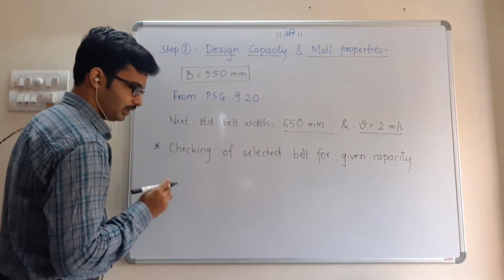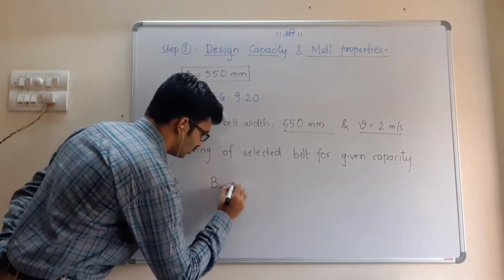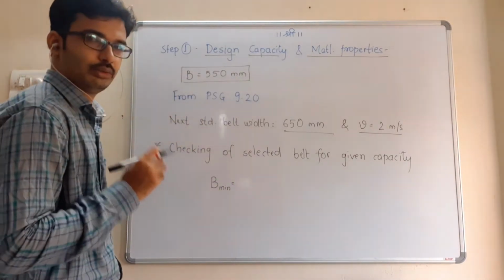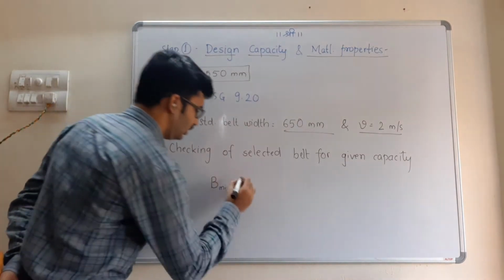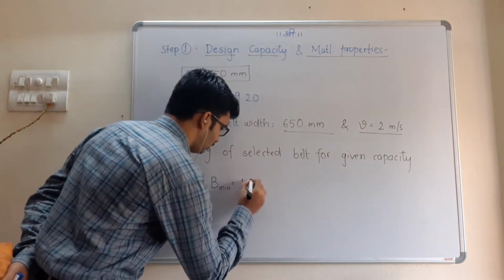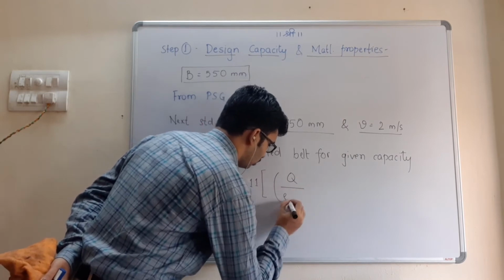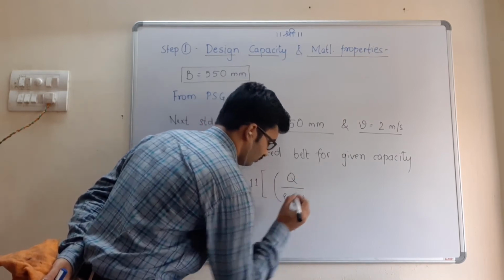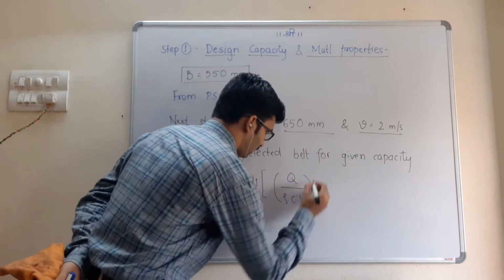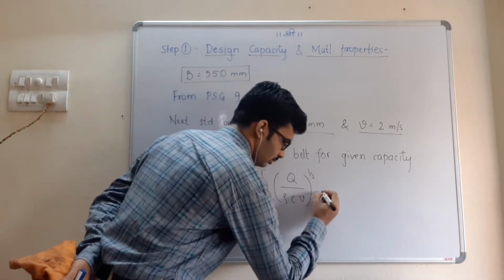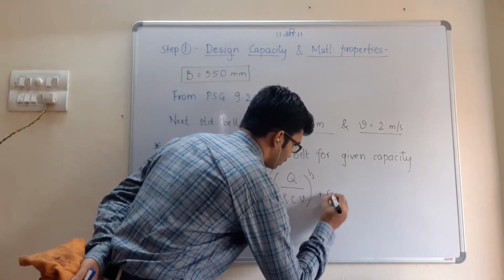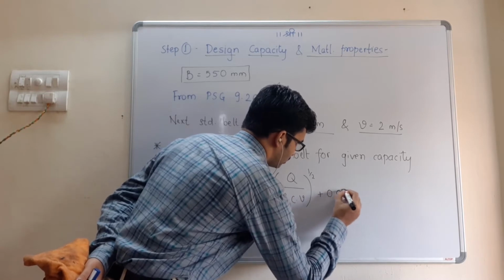Now what is the relation? B min, the minimum belt width required, is 1.11 into (Q upon rho C V) raised to 1 by 2, plus 0.05.